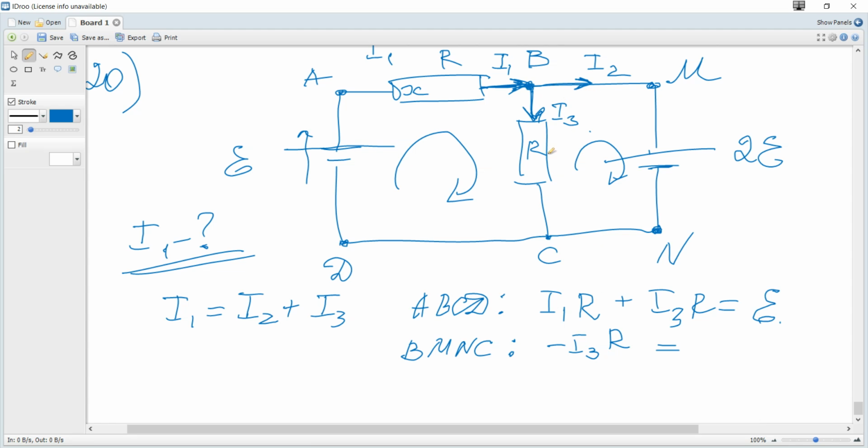No, it's correct, yes, because it's parallel, so I2, I3 here, everything is correct. E is equal to, and you can see that this cell provides current in opposite direction, so it's minus 2E.